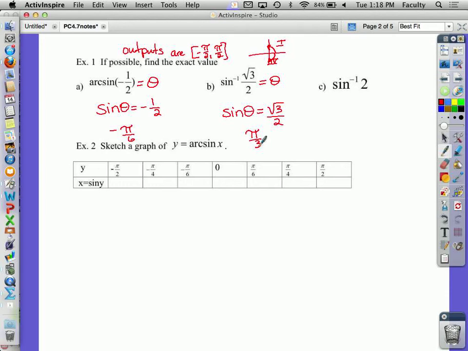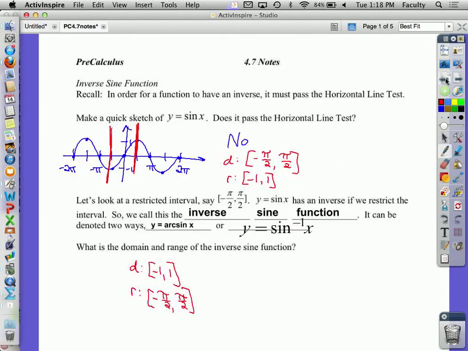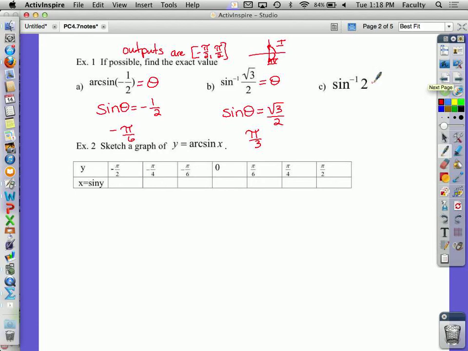Now, let's flip the screen back one page. It says the domain, what's inside inverse sine or arc sine, has to be a number between negative 1 and 1. So suppose I'm on autopilot and I've shut my brain off a moment and I have sine theta equals 2. First of all, I know that that's not a unit circle value. But then let's go back to our graph.